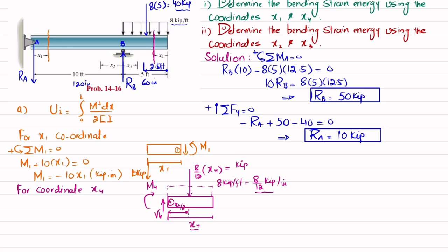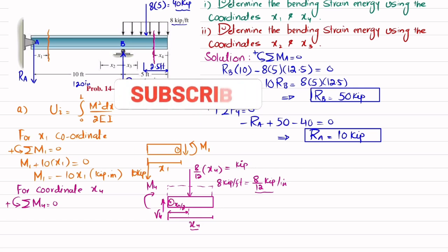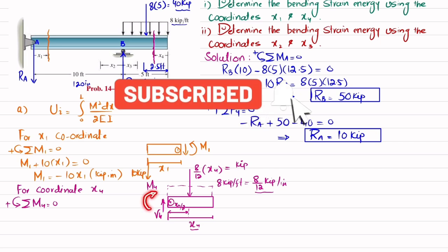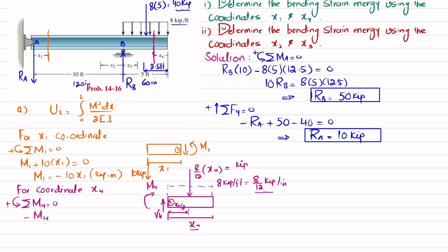This is point 4. So we'll apply the equation of equilibrium, that sum of all moments about point 4 is equal to 0, taking the counterclockwise moment as positive. One moment is clockwise M4, so it will be minus M4. The second moment is due to this load, which is 8 by 12 times x4, and the perpendicular distance is x4 by 2.